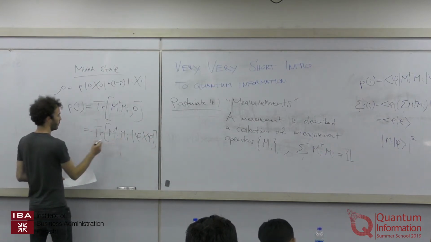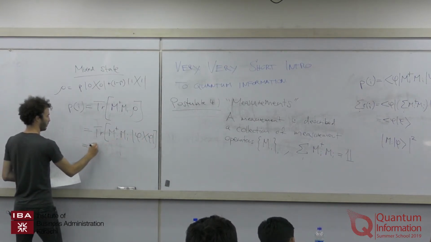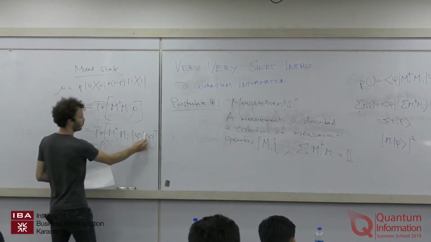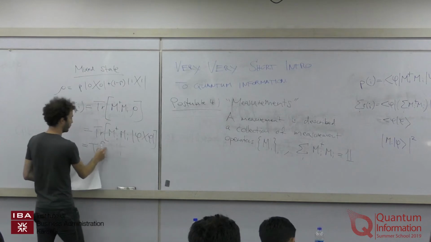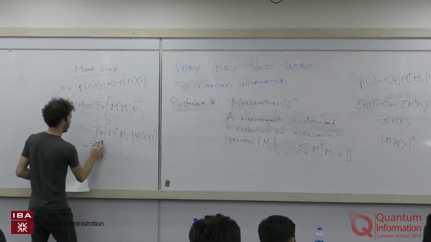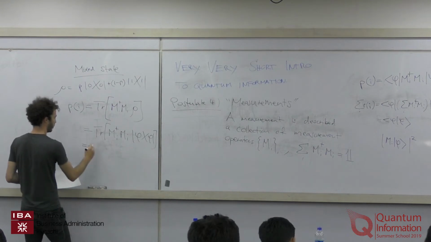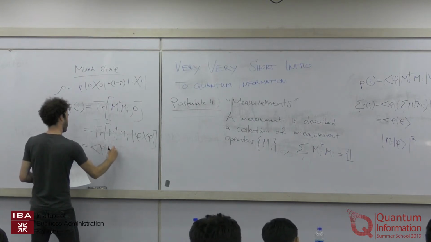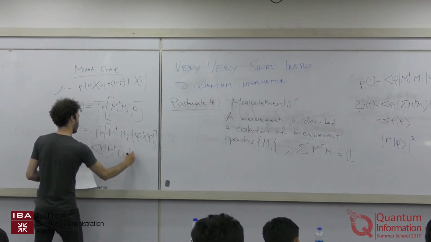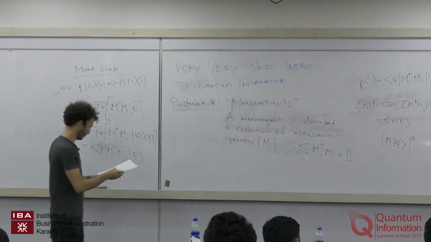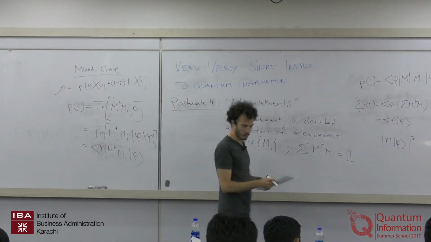If it's a pure state, we have this expression, and the trace is cyclic, so we can just move this vector to the left, and we get a number. We don't need the trace anymore. And we recover the expression we had before. All right.